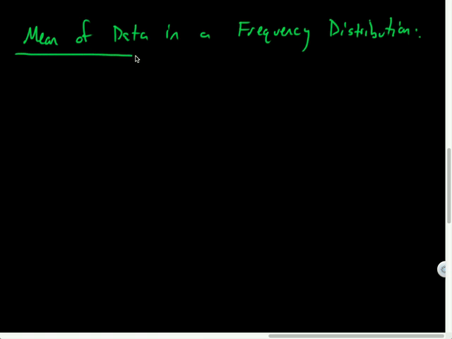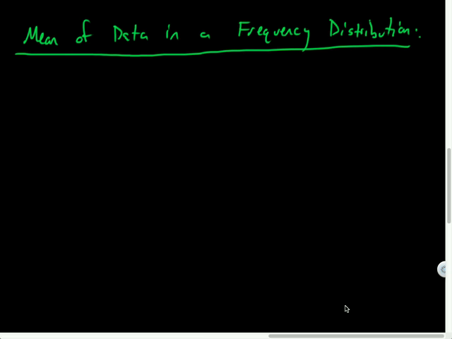So the mean of data in a frequency distribution here. How did you guys describe mean again? Right? Add them all up and divide by how many there are.